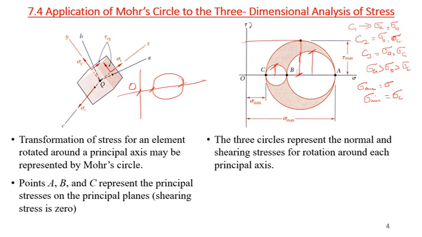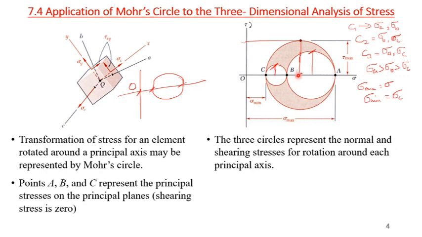So in order to find the shear stresses, you have to consider those values. Now, the three circles represent the normal and shearing stress for rotation about each principal axis. This means if I want to find the maximum shear stress for circle AB, I have to rotate about the C axis.